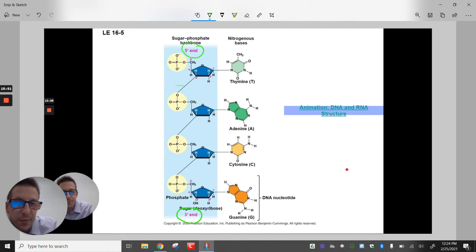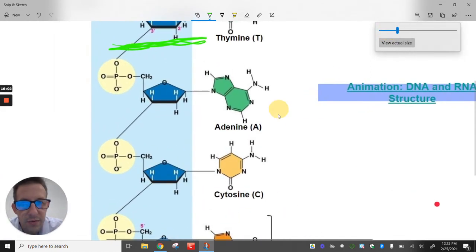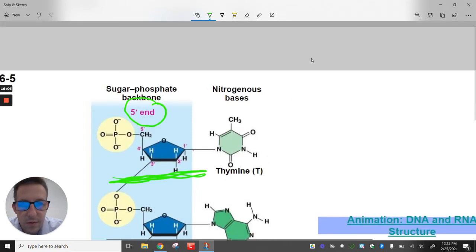What we see up here at the top is that sugar molecule. Each corner of this little sugar molecule, plus this right here, is labeled with a number.